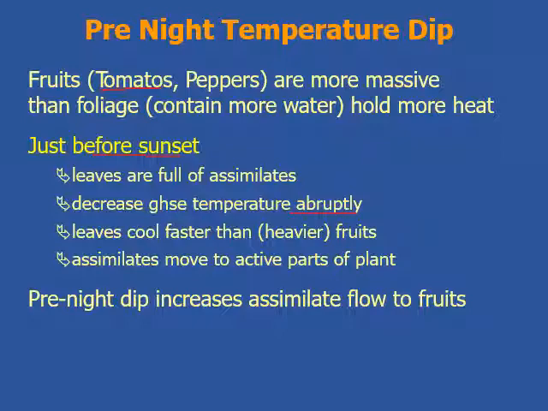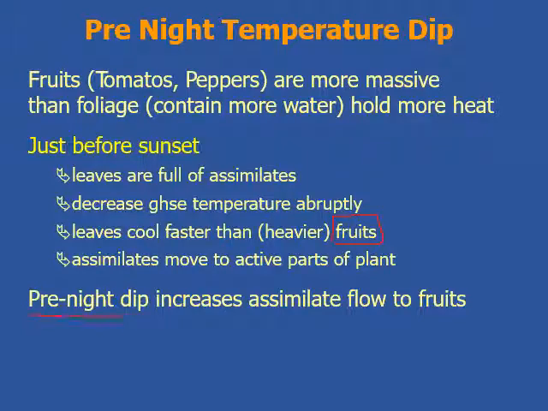And what happens is the fruit, which is thick and has lots of water in it, which has a high heat capacity, the fruit stays warm and the leaves and the stems cool off. And what happens is sugars will flow because of the warmer fruit. Sugars will flow from the leaves into the fruit. And that's how you make tomatoes sweeter from a commercial standpoint.